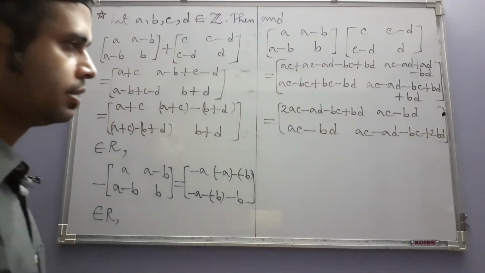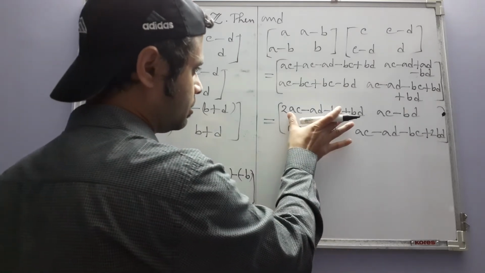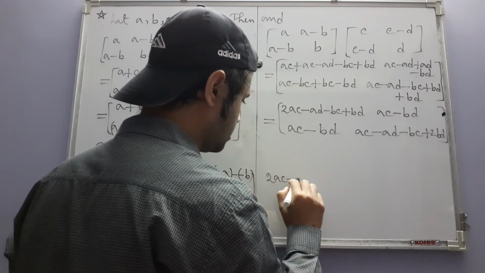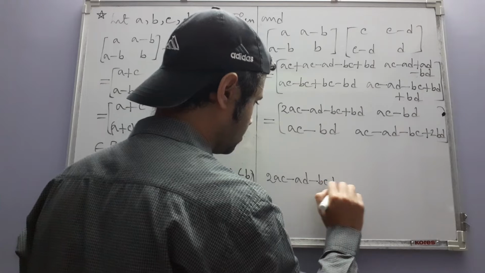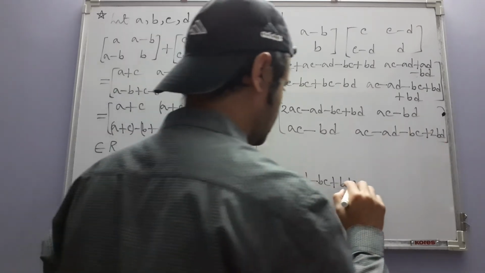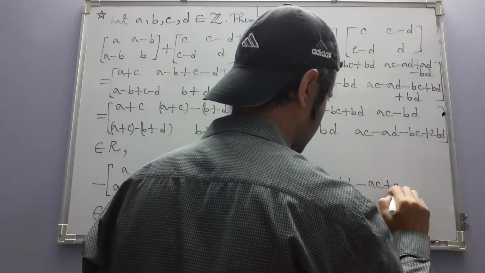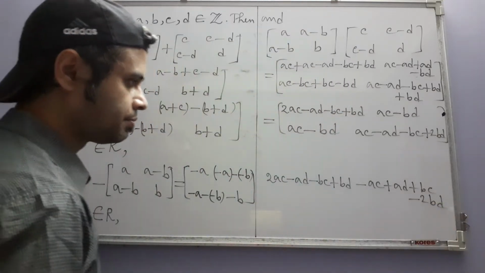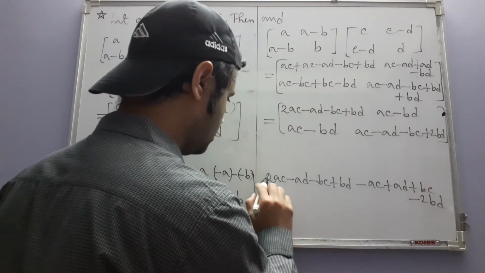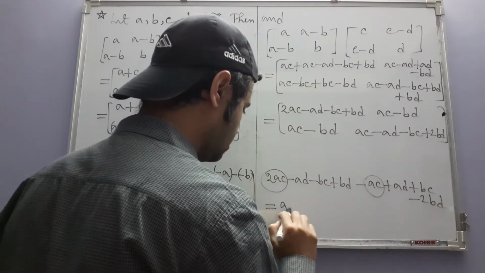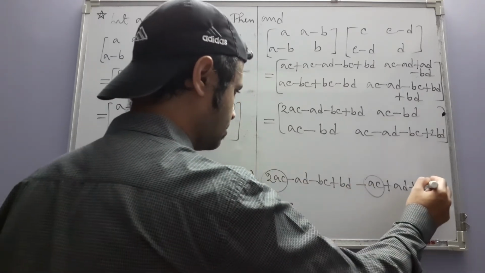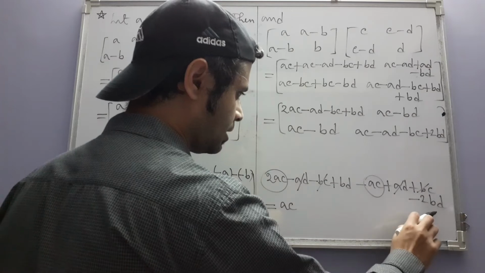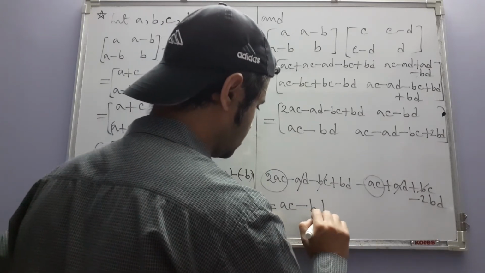The entries are integers, of course, but what about this minus this? Let's just see. 2AC minus AD minus BC plus BD minus this, that means minus AC plus AD plus BC minus 2BD. 2AC minus AC give us AC, plus BC minus BC, they cancel out, plus AD minus AD, minus 2BD plus BD is minus BD.